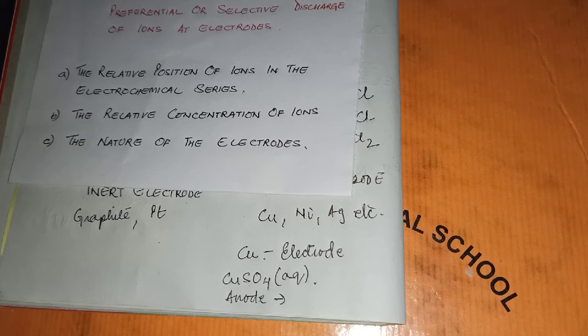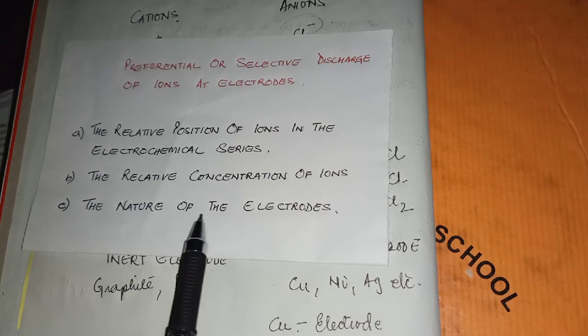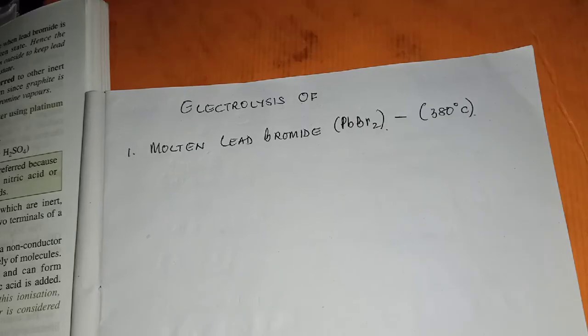And this is why the discharge of ions at the electrode also depends on the nature of the electrode. So you have to remember there are three conditions on which the selective discharge of ions at the electrode depends. Now we'll try to make these three conditions come into reality by taking some examples, some electrolysis examples.